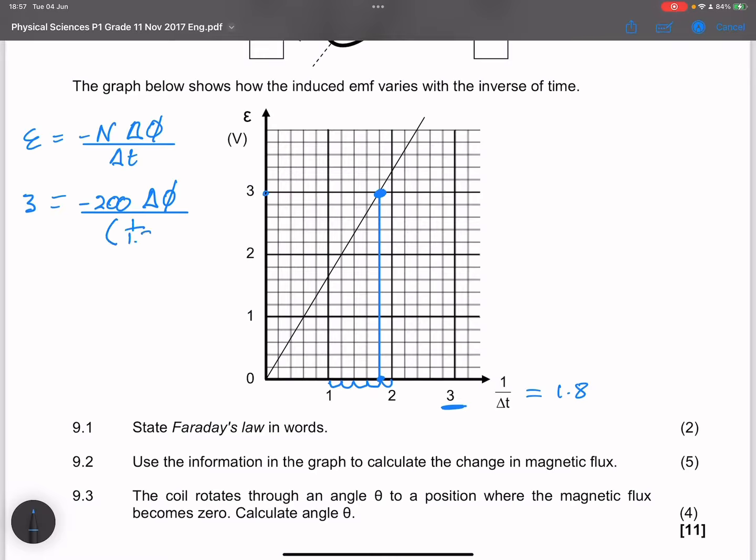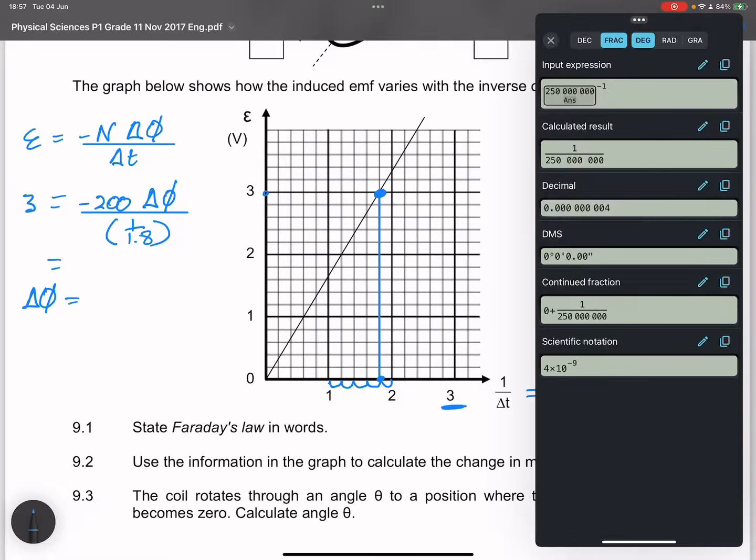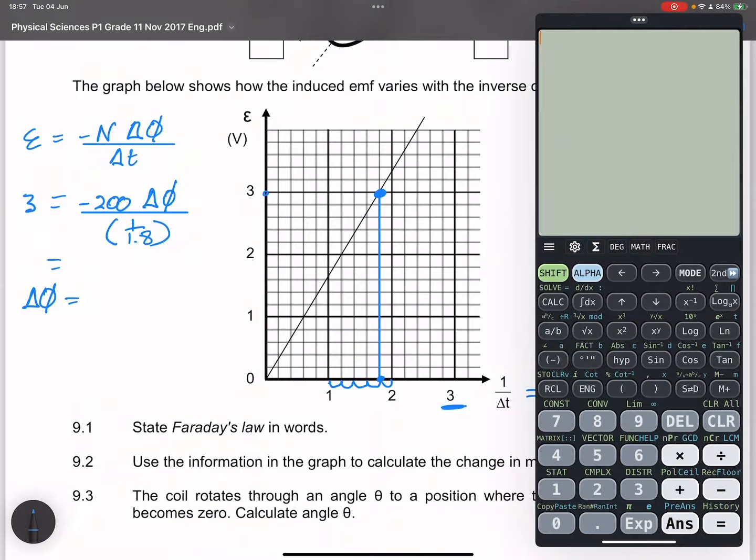I hope that makes sense. So let's find out what the change in magnetic flux is. Let's whip out a calculator. We've got 3 times 1 over 1.8.